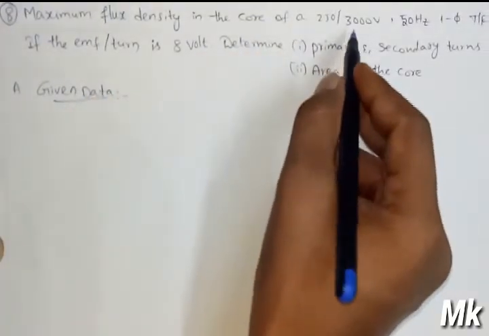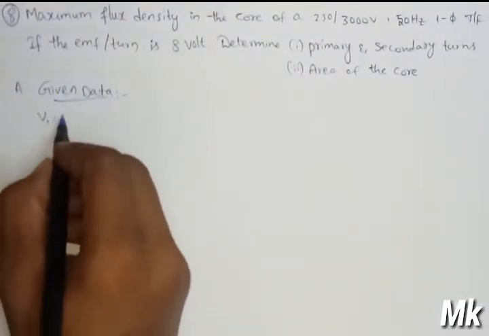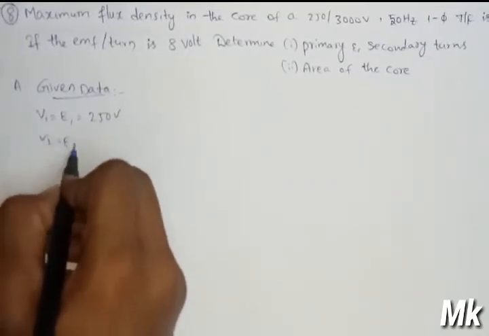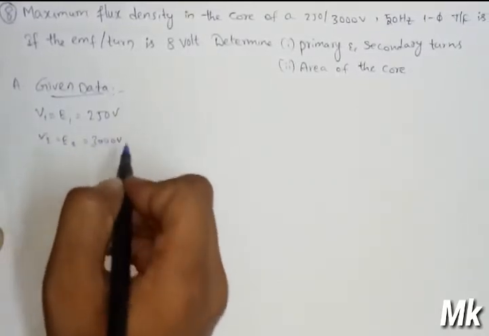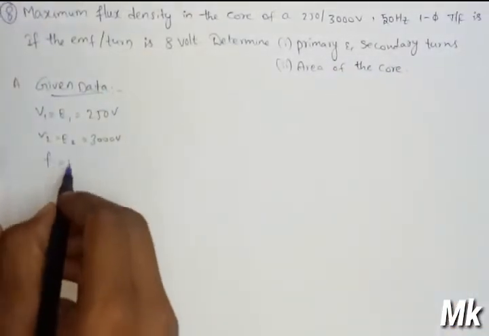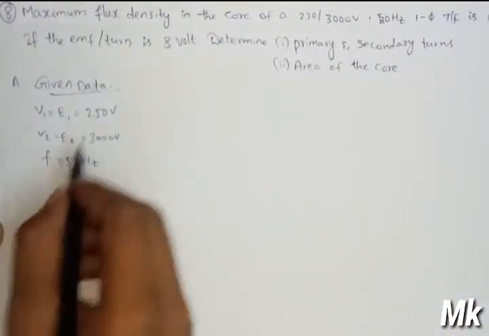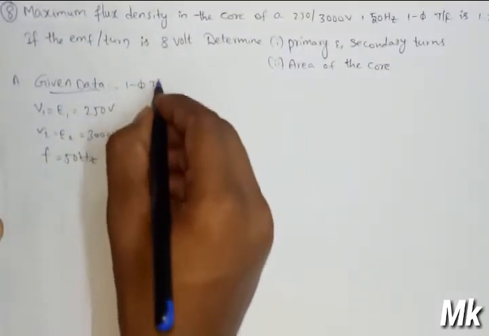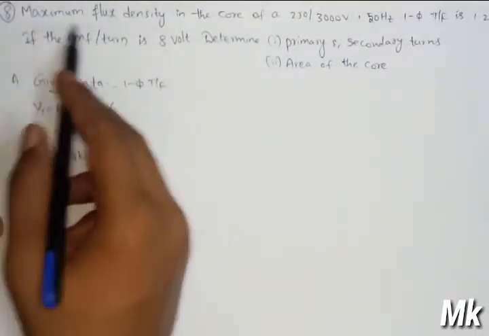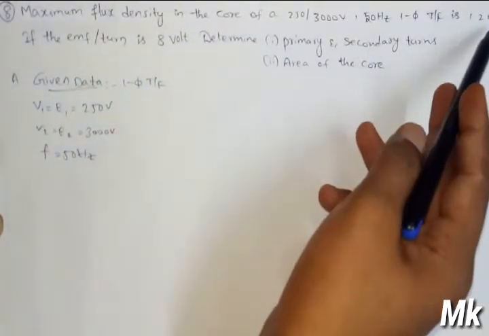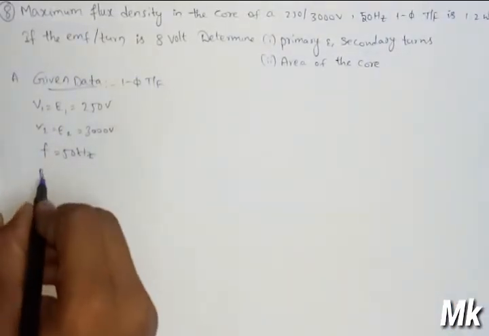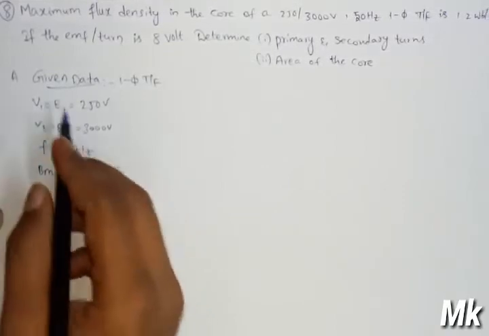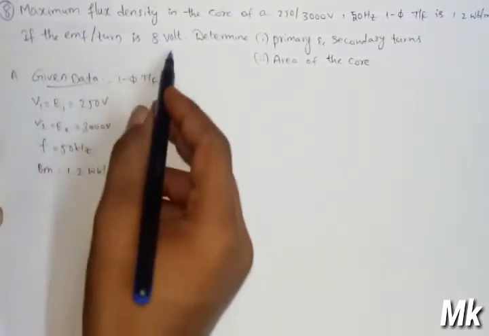Here voltage ratio is given, that means V1 that is equal to E1 is 250 volts and E2 is equal to 3000 volts. Frequency f is 50 Hz and it is a single phase transformer. Maximum flux density in the core is 1.2 Weber per meter square, that means Bmax is 1.2 Weber per meter square, and EMF per turn is 8 volt.